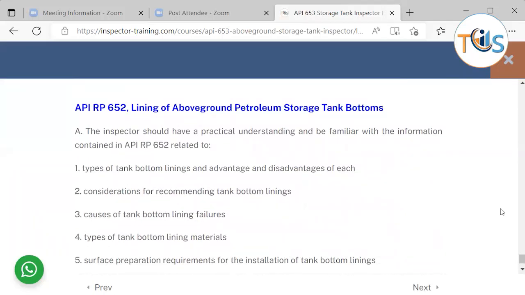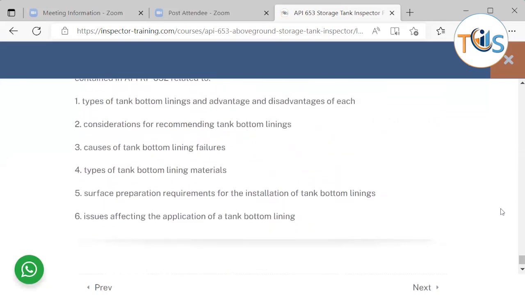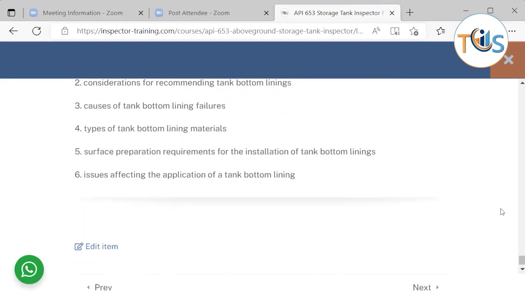And 652, lining of aboveground storage tank bottoms: what type of lining you should use, and surface preparation, which is an important part, and issues affecting the application of tank bottom lining. That would be the end of module 2.